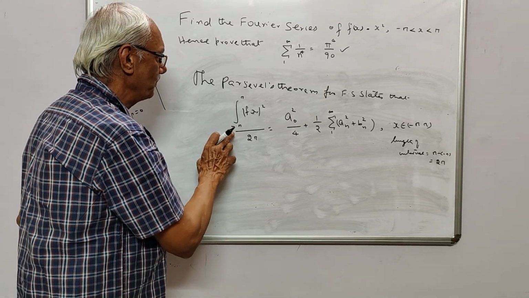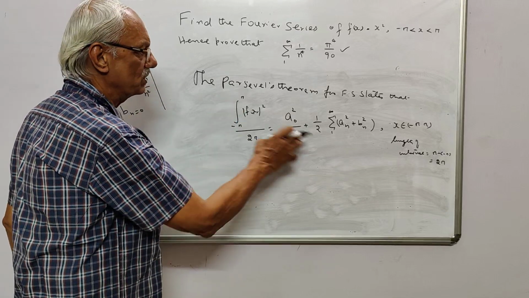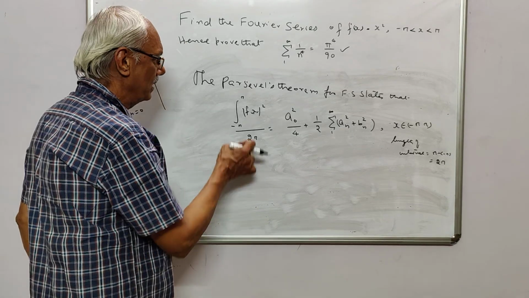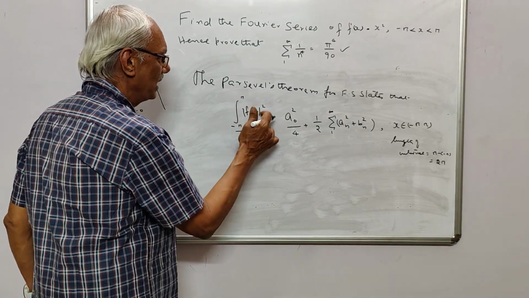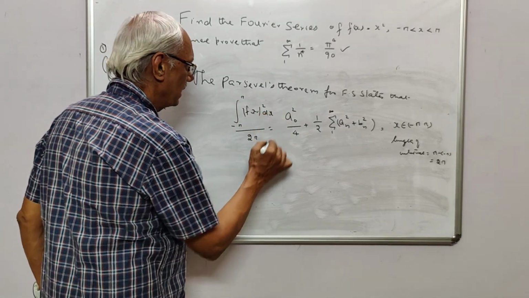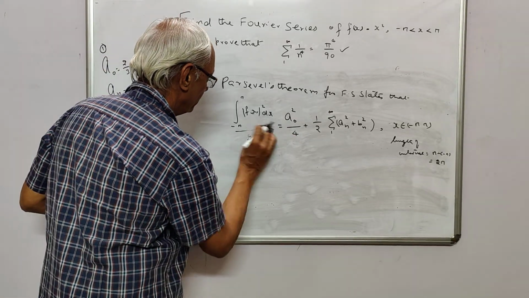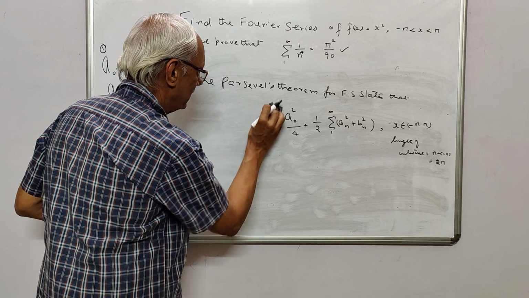It states that it is minus pi to plus pi, because we have taken the Fourier series in the interval minus pi to plus pi. So it is minus pi to plus pi f of x dx, and this is equal to, I will write it here because you must understand correctly.